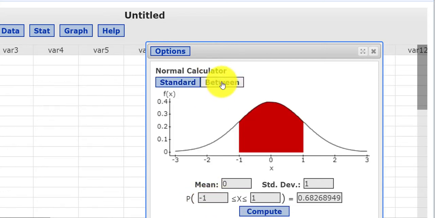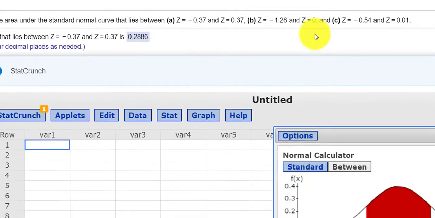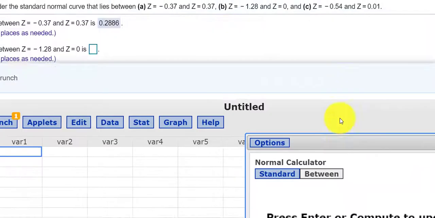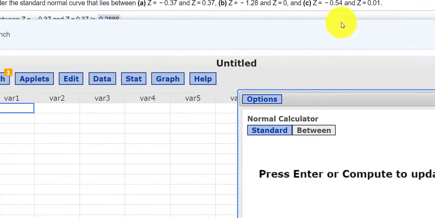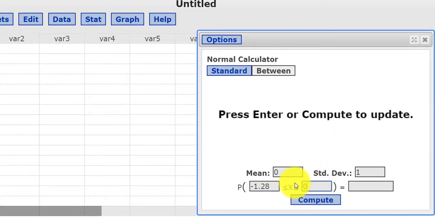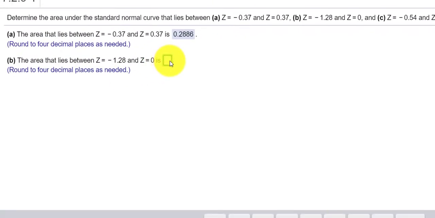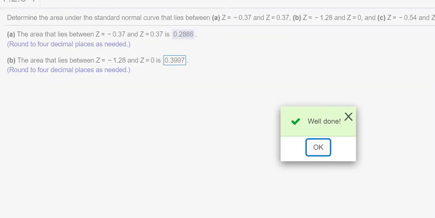But since we want between, I have to click the between button and then enter the values. Negative 1.28 and 0. I press compute, and I will try to cut and paste this as well. Let's see if it can work. And again, I have to go 4 decimal places, 1, 2, 3, 4, and we're good to go.